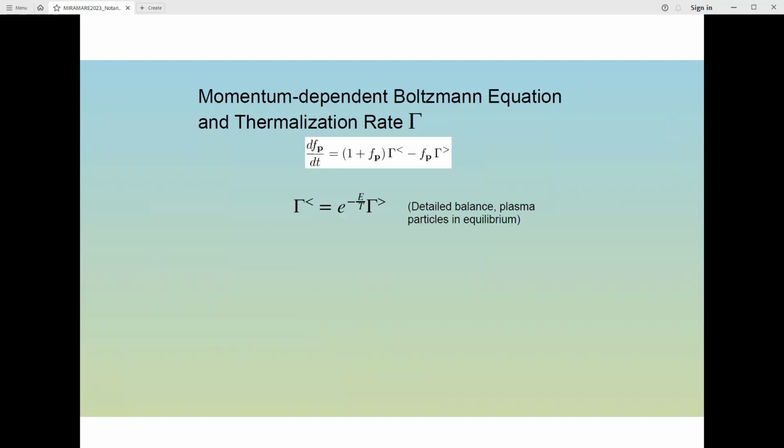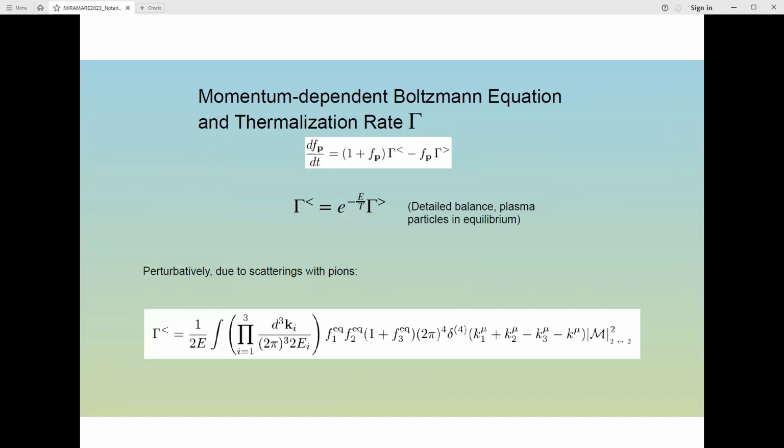So the momentum-dependent Boltzmann equation is nothing else than a differential equation for the occupation number that gives creation and destruction of axions. There is also a Bose enhancement factor. And we need to compute what this gamma, creation or annihilation, is. And the standard treatment is to integrate over all momenta of the other particles. And what we focus on is the production below the QCD phase transition, meaning where the plasma is dominated by pions.